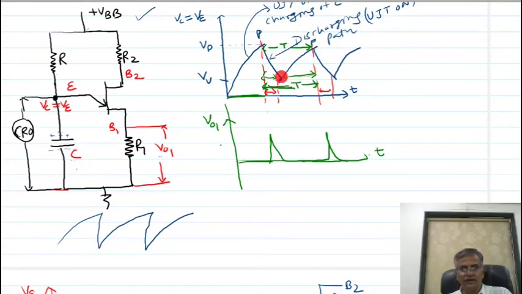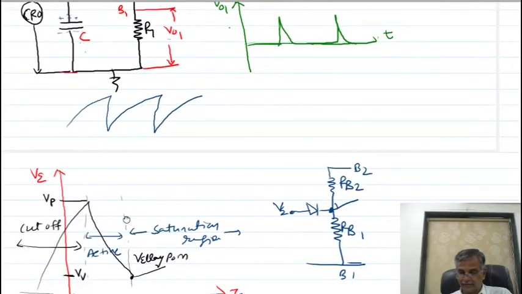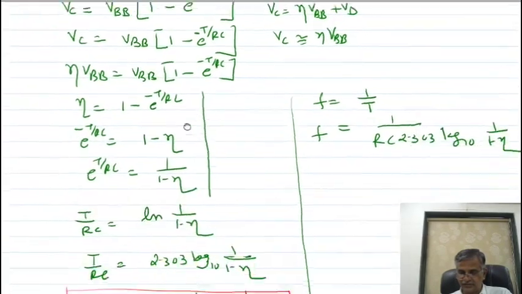When it reaches the valley point, again the UJT will come into the off state, and current does not flow. Again the capacitor attains VP, starts discharging, charging, discharging, charging, discharging. So you can derive this equation like this.